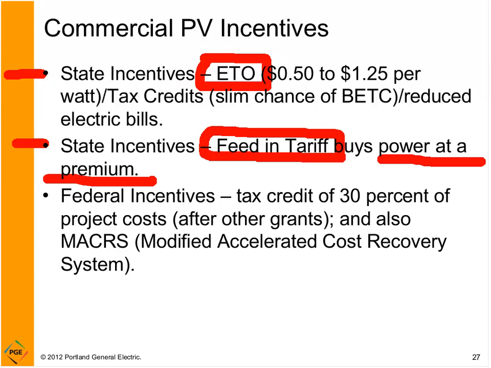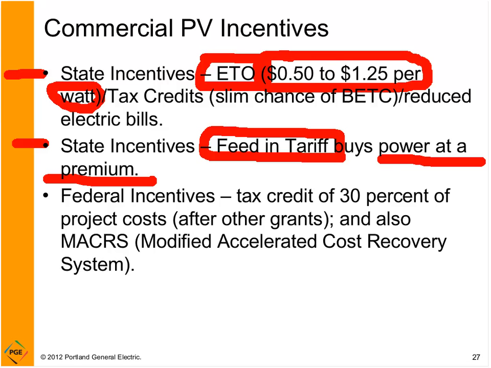The incentive in the feed-in tariff might be to pay you 30 or 40 cents a kilowatt hour for the energy you produce from your solar system. That contrasts with a capacity-based system where the Energy Trust under this option will pay you per installed watt, not per kilowatt hour that you produce, but per watt that you install.